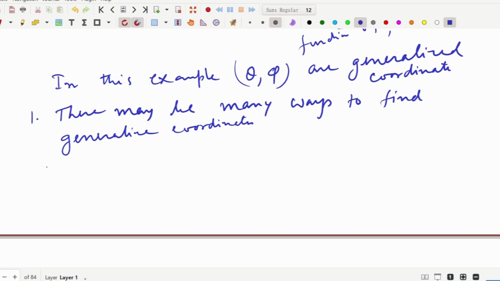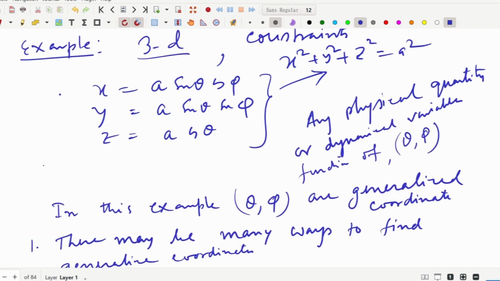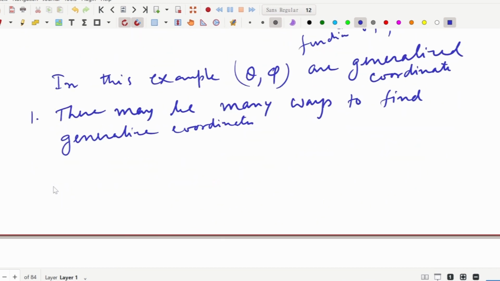For example, in this case you can eliminate z through this equation and write your dynamical variables only as x and y. If we eliminate z, then you will have only two independent variables x and y, so they can also be generalized coordinates.